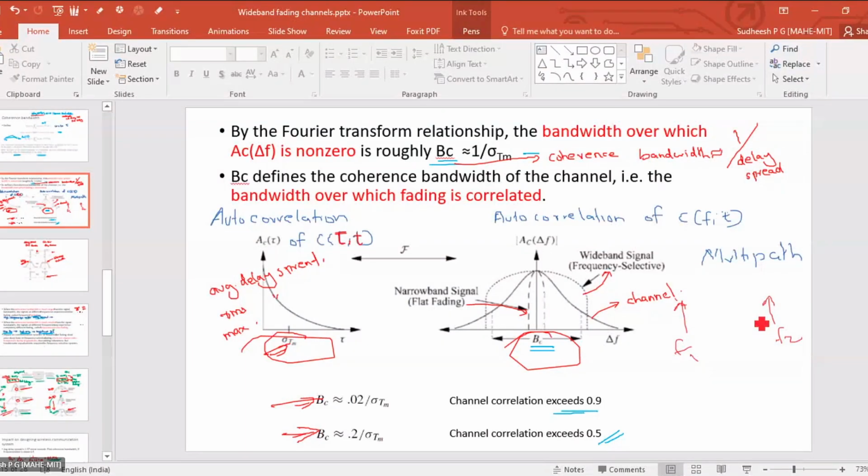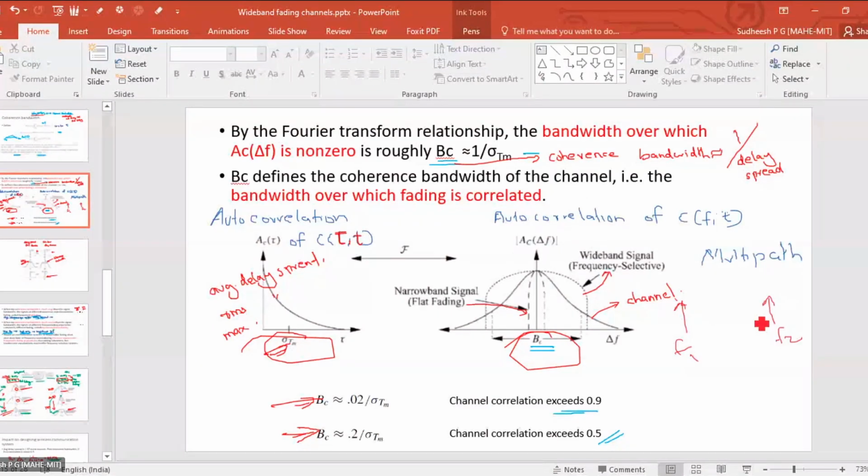And similarly, we use a similar set of parameters for next day's class. That is, we use the Doppler effect, and based on the Doppler effect, we classify the channel as fast fading channel and slow fading channel.